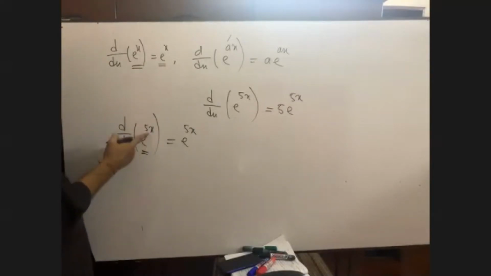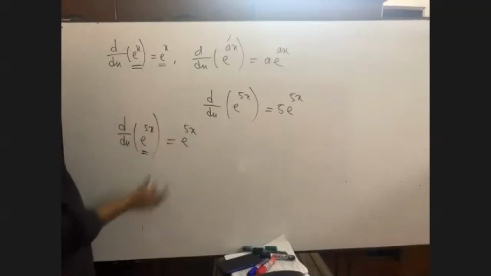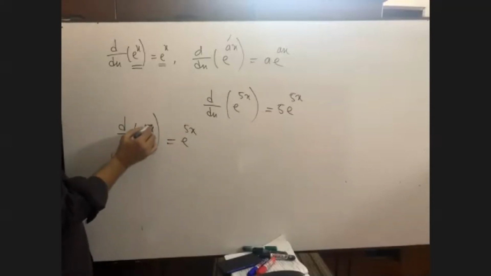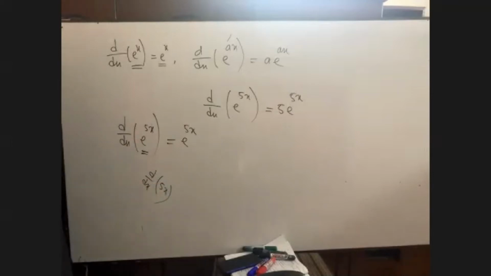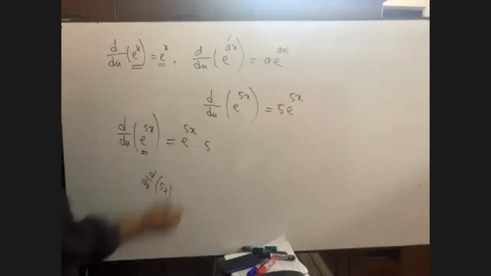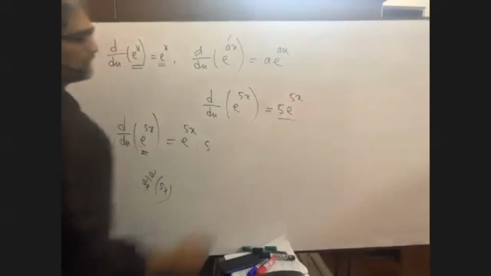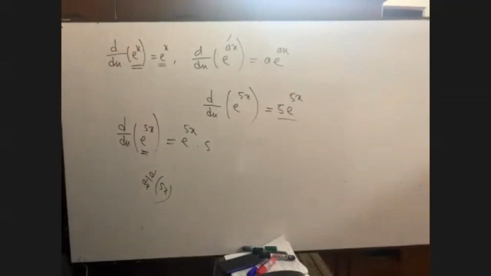Whatever it is, 5x or 10x, it is immaterial. Now it is not only x. What is the differentiation of 5x? If I go for differentiating 5x, what will be our result? 5. Yes, that is 5. So we are getting this 5.